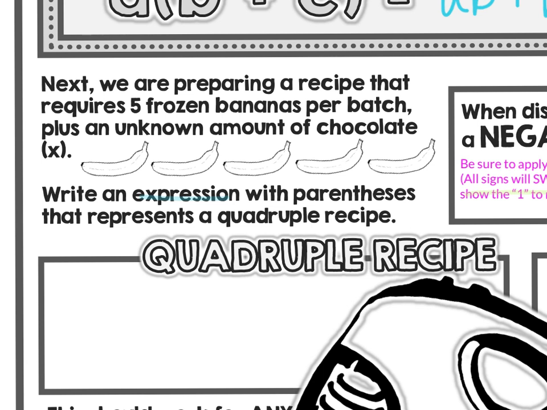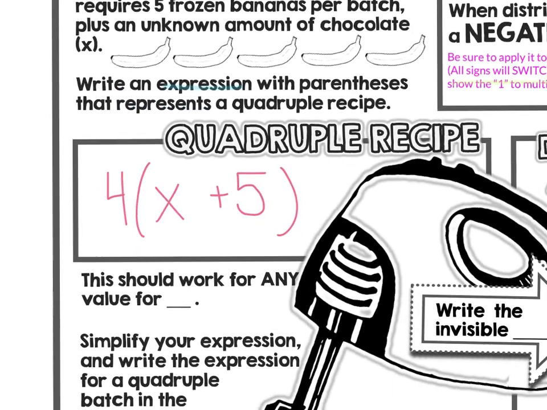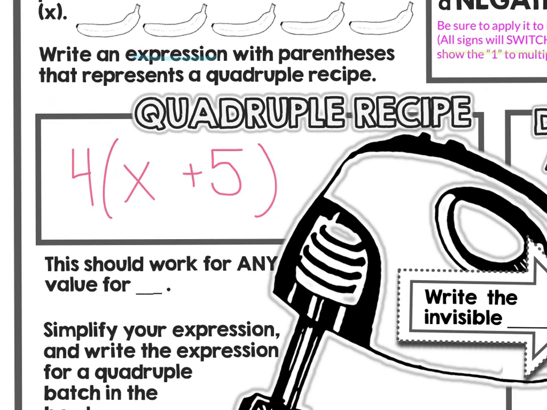What that would look like is 4, and then the ingredients go inside the parentheses: we'll use x for the unknown amount of chocolate, plus 5 frozen bananas. Note that this should work for any value of x.